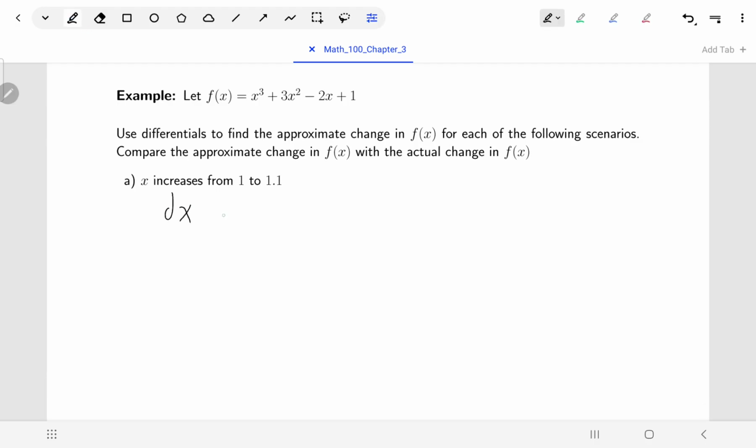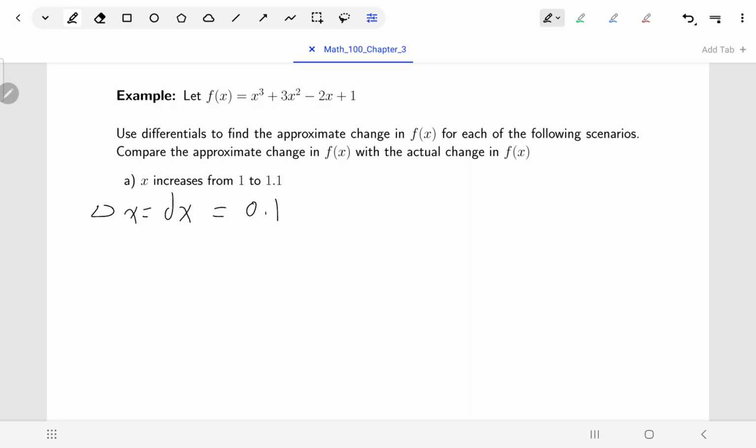Remember that a change that's positive would be an increase, and a change that's negative would be a decrease. So since we're going from 1 to 1.1, we have increased by 0.1. So my dx, or my delta x for that matter, are both 0.1.